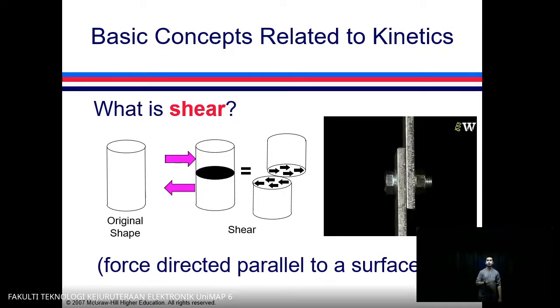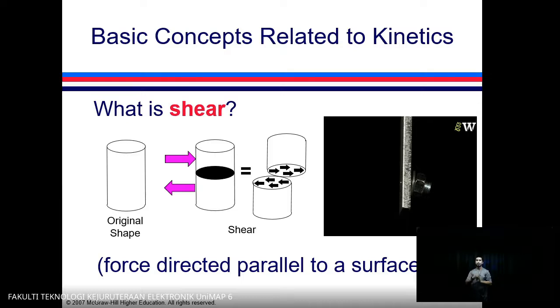And then what is shear? You can see here from the black background figure, the surface is moving downward. So that is shear. When two parallel surfaces touch each other, then we call it shear.